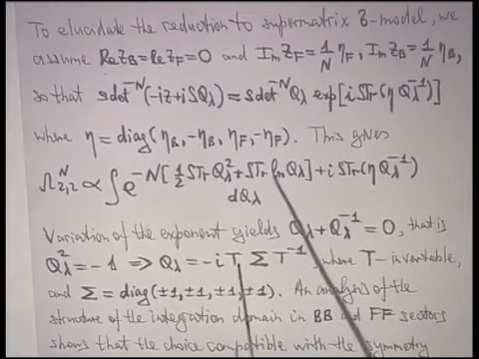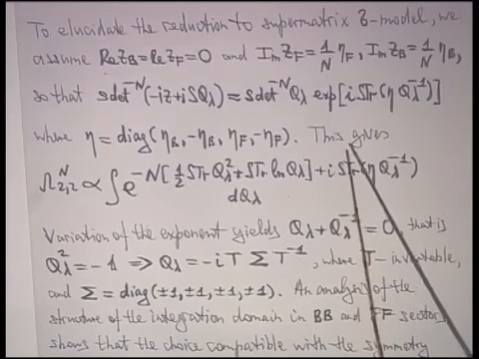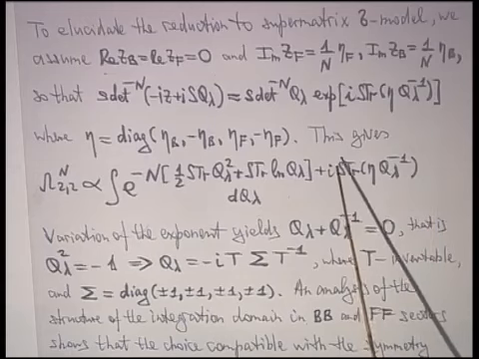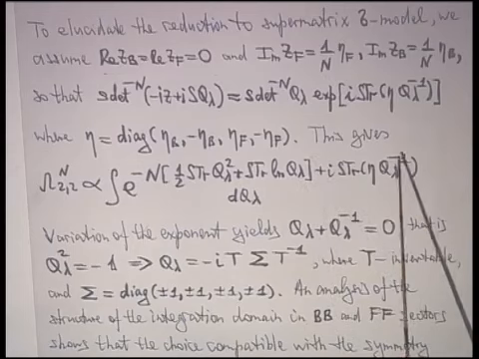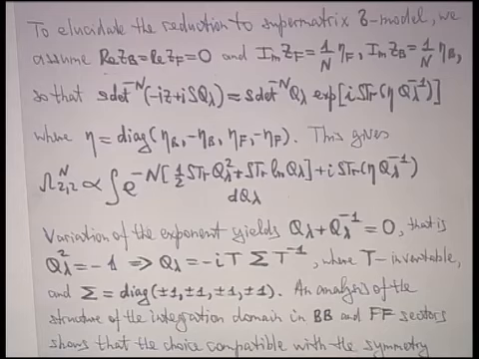Now putting this back into our integral, we see that in the large n limit we need to consider the following integral. Our scaling ensured that this term no longer has the parameter n in front, so it's of order 1 when we perform the large n limit.